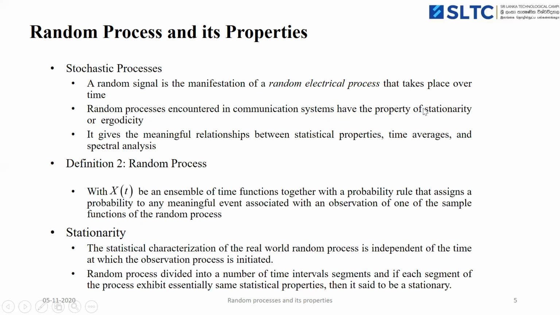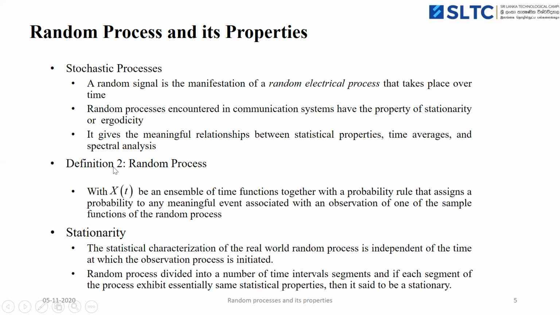We'll see in detail what we mean by stationarity in the random process, and when the random process becomes stationary, because generally there are two types of random process, stationary and non-stationary. Then it gives a meaningful relationship between statistical properties, time averages, and spectral analysis.